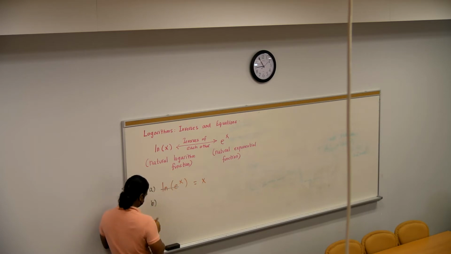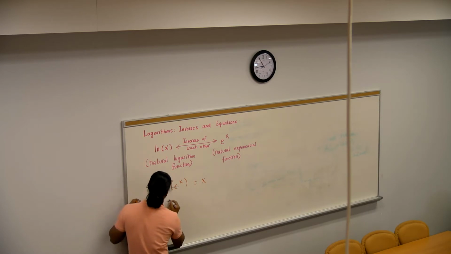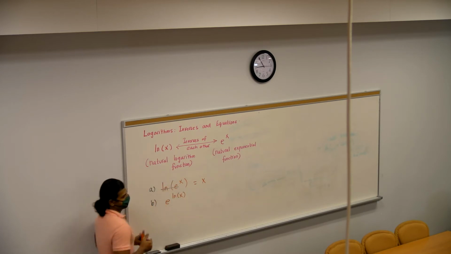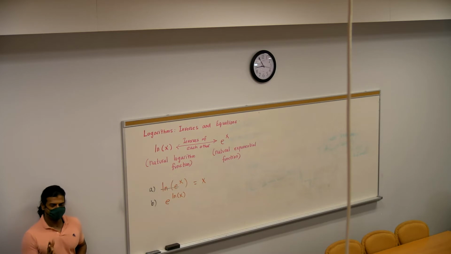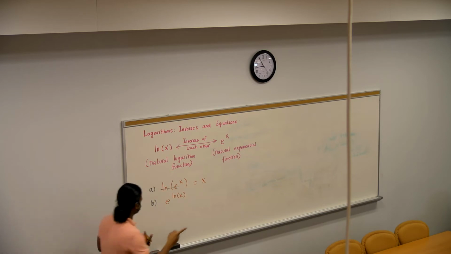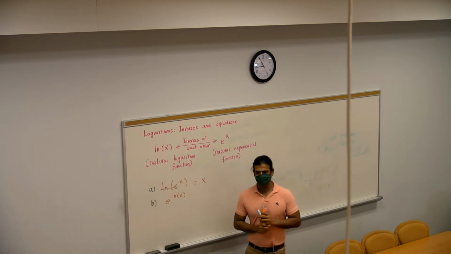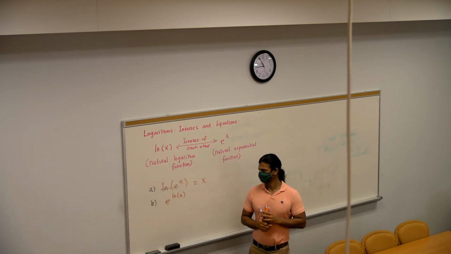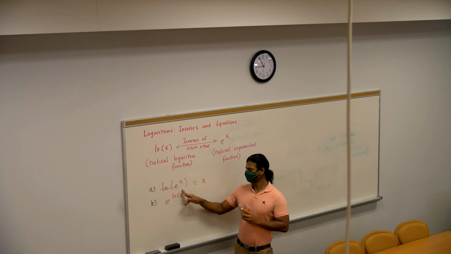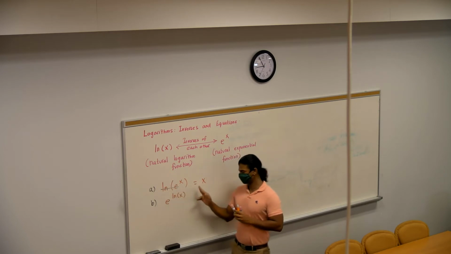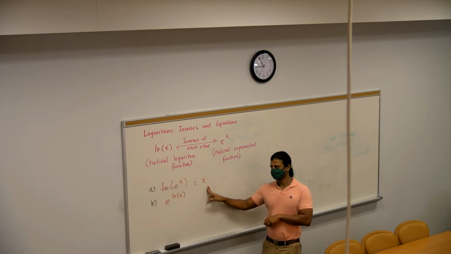Likewise, if you have e raised to ln of x, I've already mentioned that the natural logarithm and the natural exponential are inverses of each other. What do we expect to get here? These two were inverses, ln and e got cancelled, I got x.